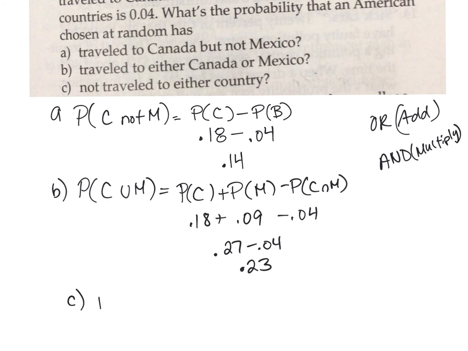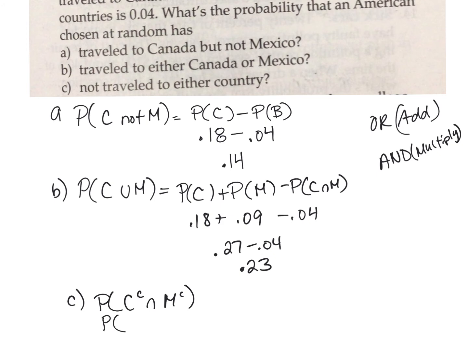Now, C, what's the probability they have not traveled to either? Not Canada and not Mexico. Well, isn't the complement of not having traveled to either having been to one or the other?